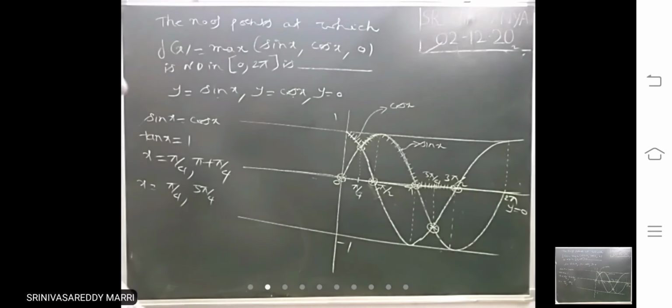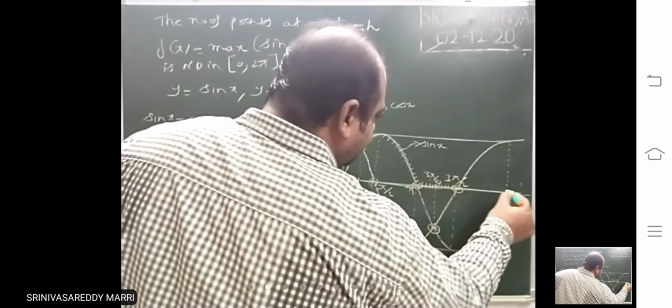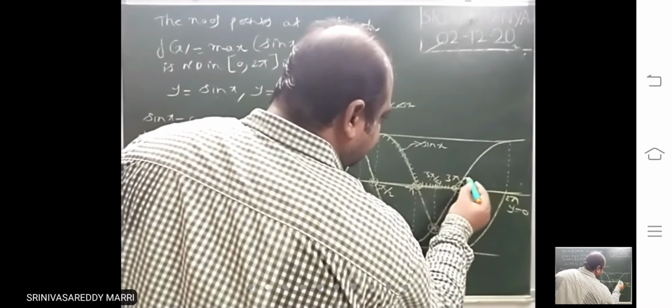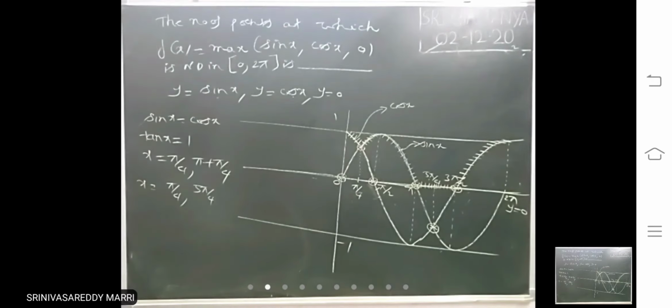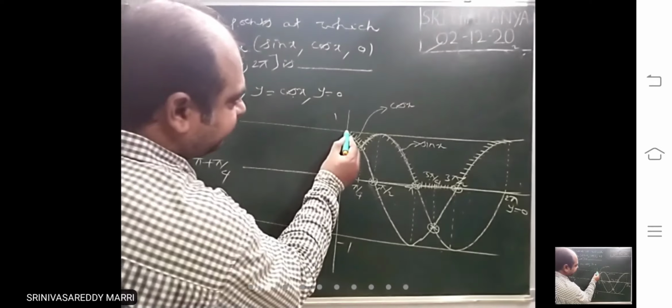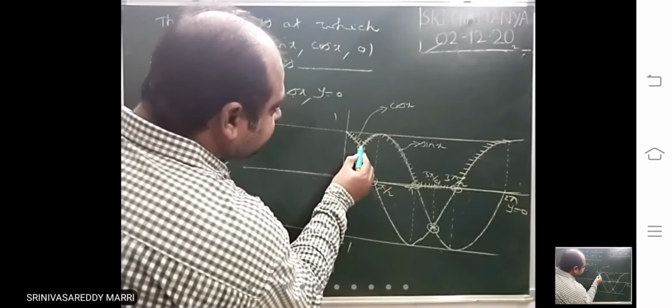So this is the maximum. Then from 3 pi by 2 to 2 pi, this is the maximum. Now look at the dotted graph.